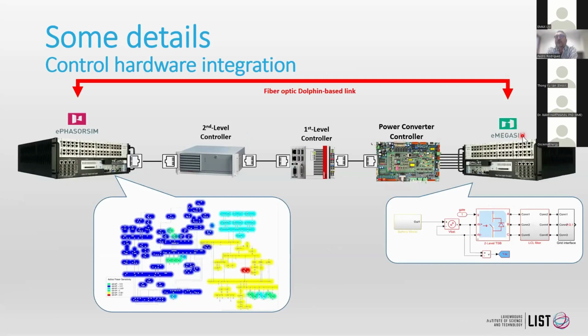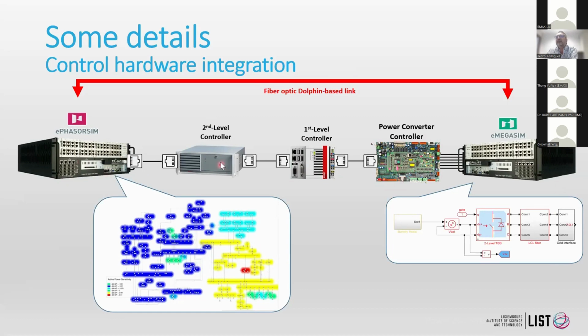And in the middle is where we had all the controllers, okay: the second level controller, the area controller, the first level controller, the point of common coupling controller, and the power converter controller, okay? We're using all the hardware. Therefore, in the simulator at the left, we simulated the grid for Greece and Cyprus. This grid was generating the same signals as we had in reality.